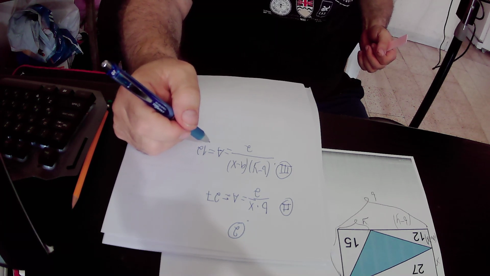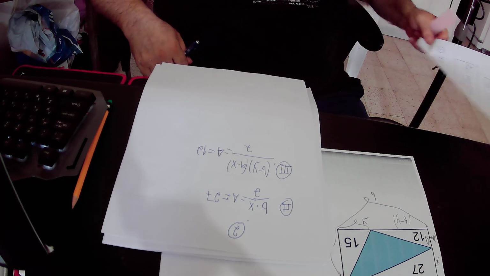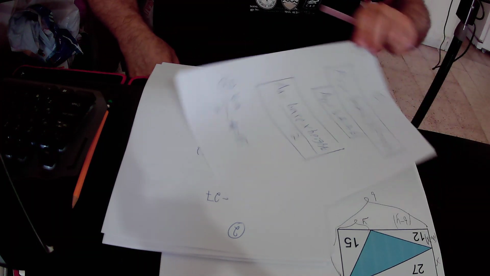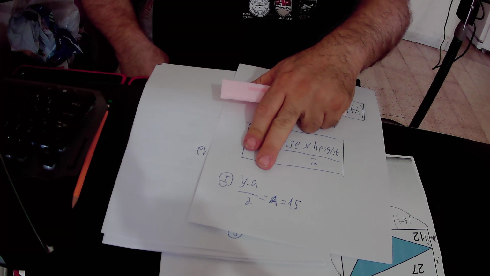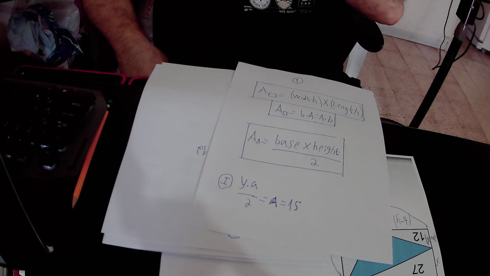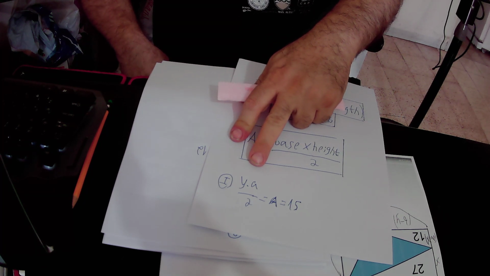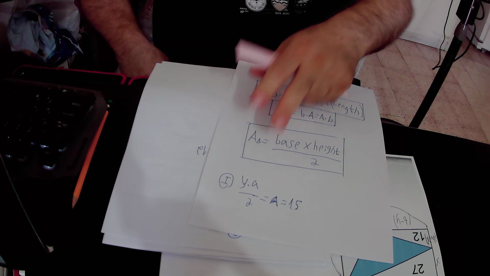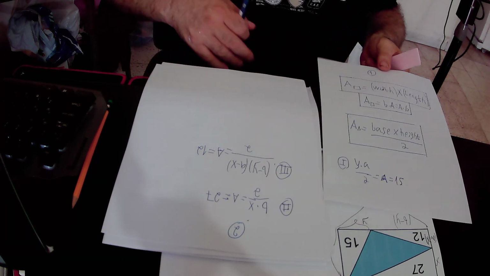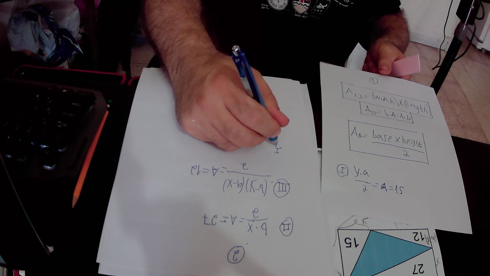So the next step that we will do is to take out y and x out of their equations. First of all, we will take out y from the first equation. I write it again.